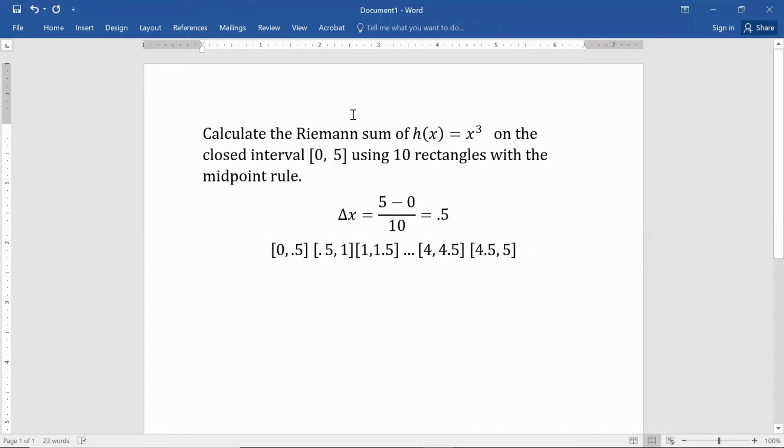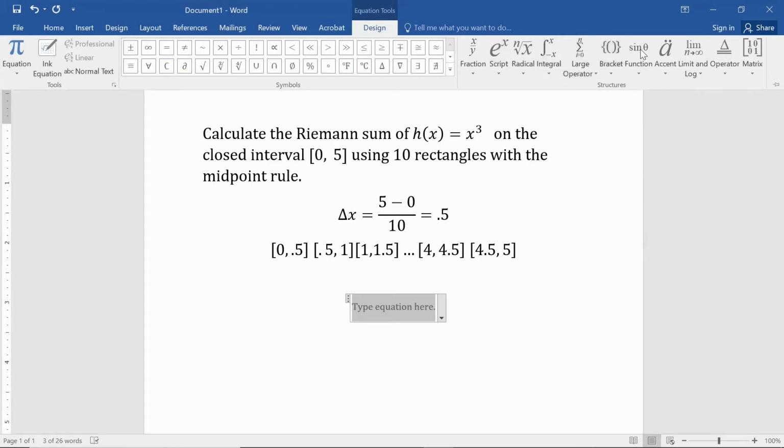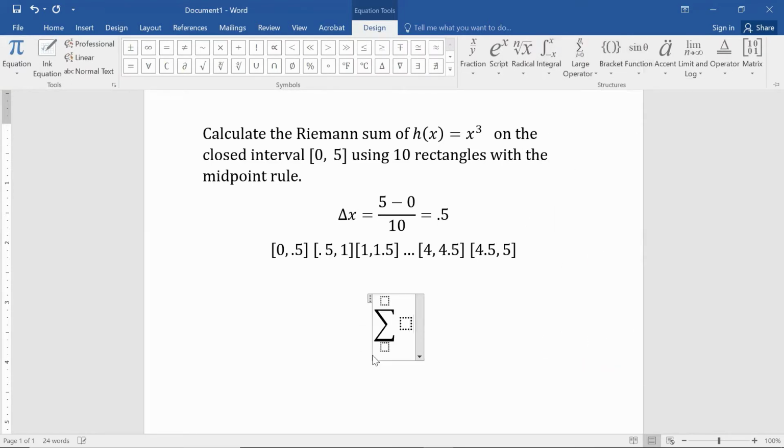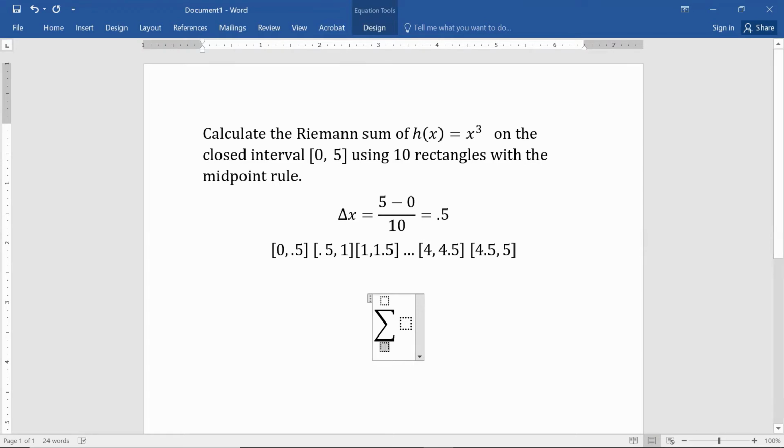The Riemann sum I get by taking the actual summation. Let's take the summation from i equals 1 to 10, because I use 10 rectangles here.